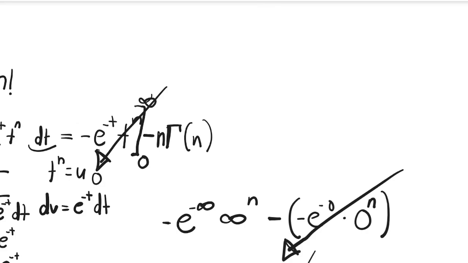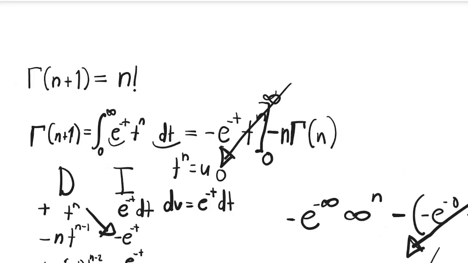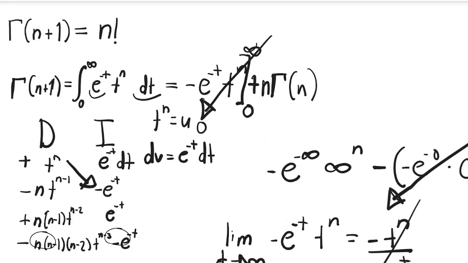And look at this. We've got the next equality. And actually I made a mistake here. This is not minus, this is a plus, because minus times minus is just positive. Negative times negative is positive.